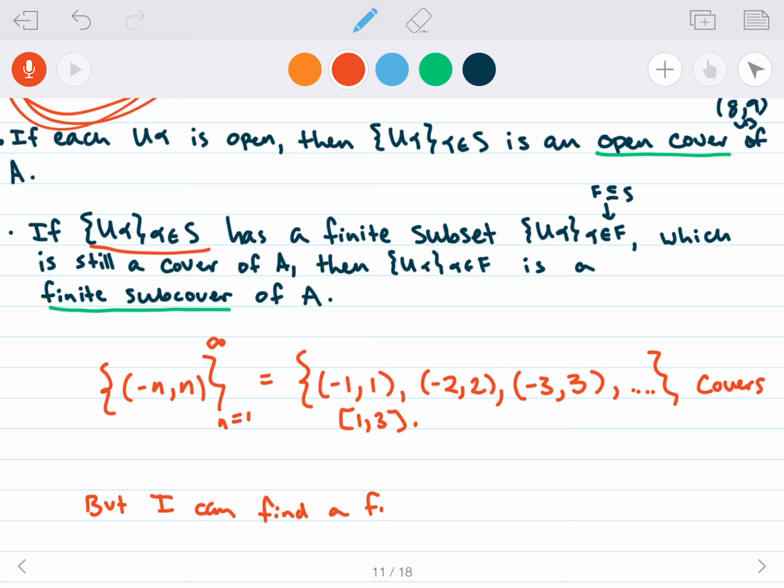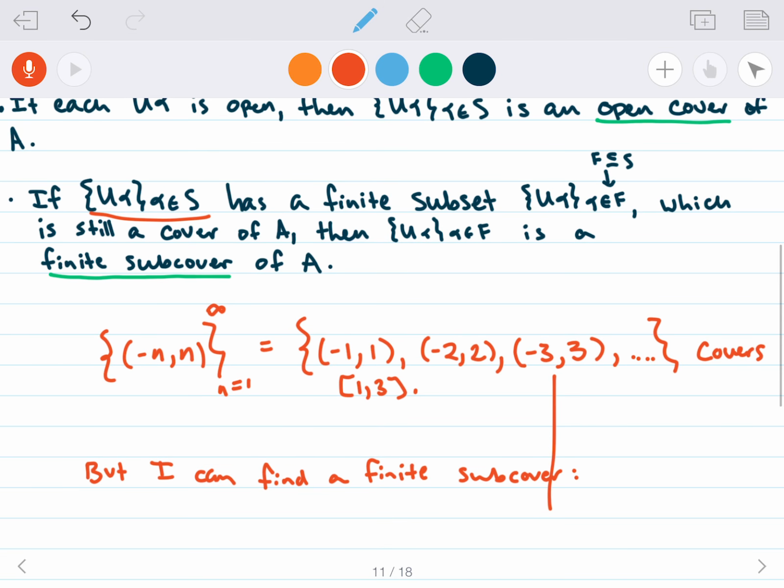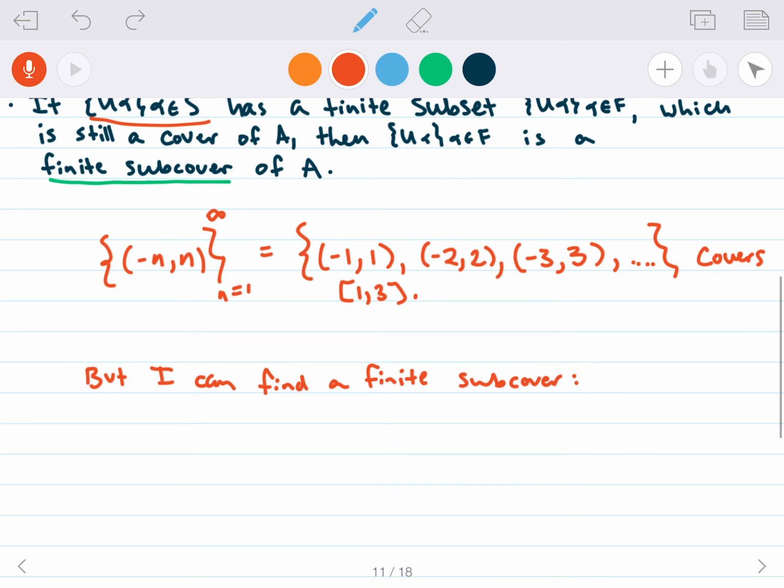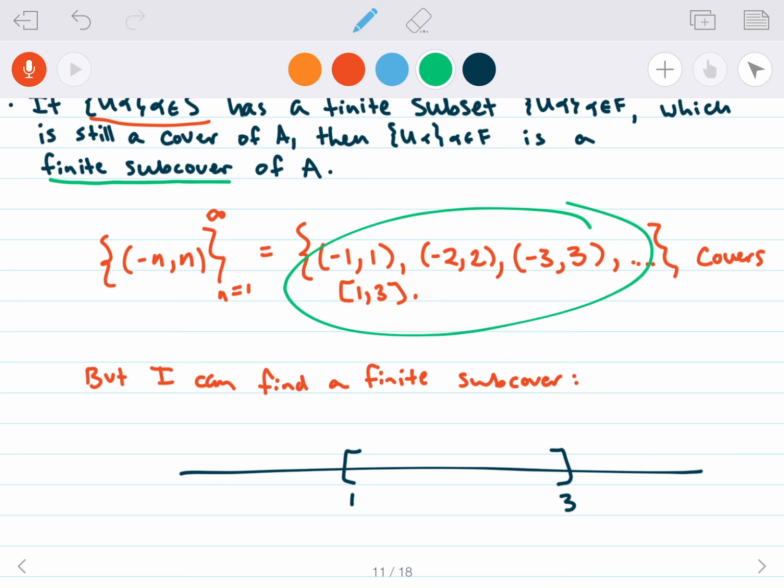I can find a finite subcover, and it's not hard to do because you can just think about it. So here's 1, 3. And look at all of these things.